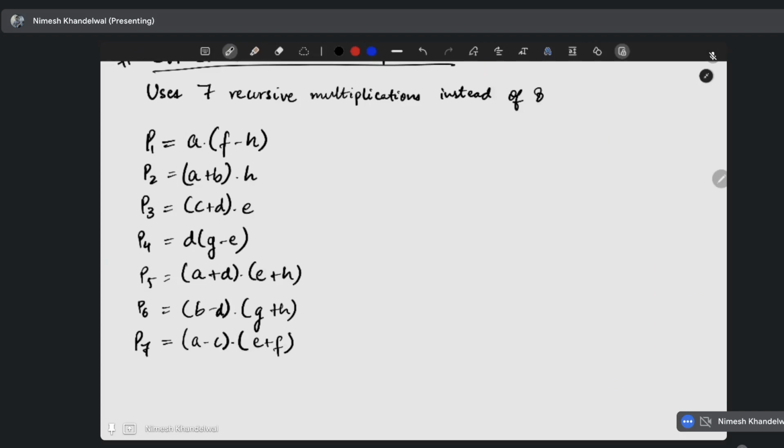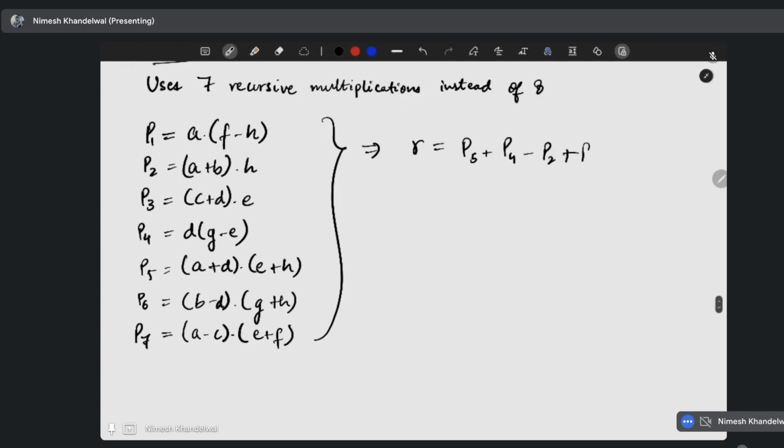And using these 7 quantities, we calculate R, S, T and U just using additions. So the term R is P5 plus P4 minus P2 plus P6.